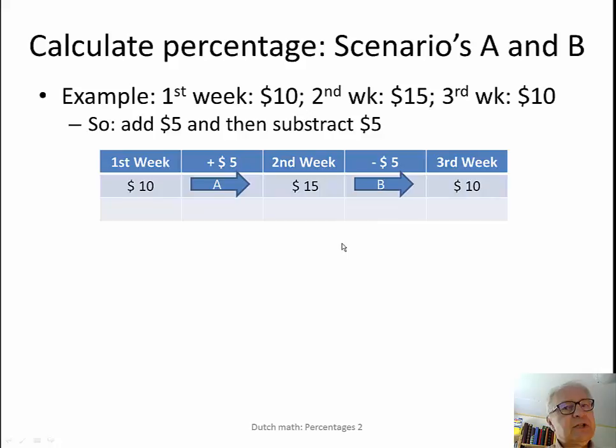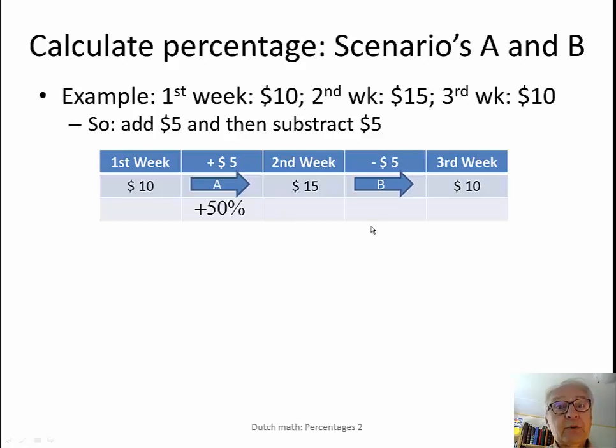It looks like the situation has not changed, but there is one important thing that has changed, and that is the percentage. In the first week you had an increase of $5, which is 50% of $10. So your profit increased by 50%.